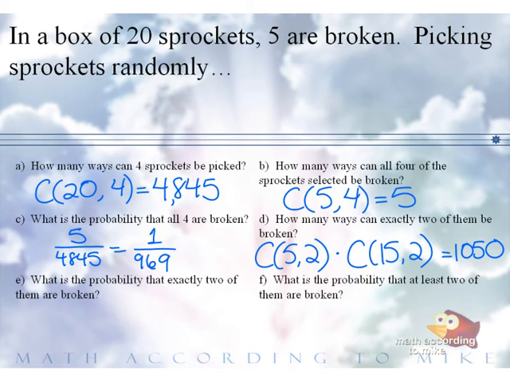Part E, what is the probability that exactly 2 of them are broken? The numerator will represent the number of ways that 2 of them picked are broken.